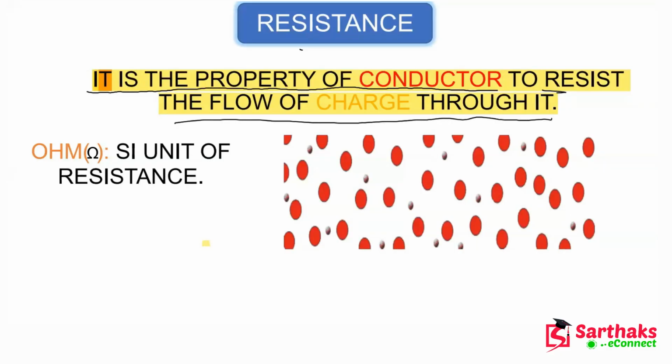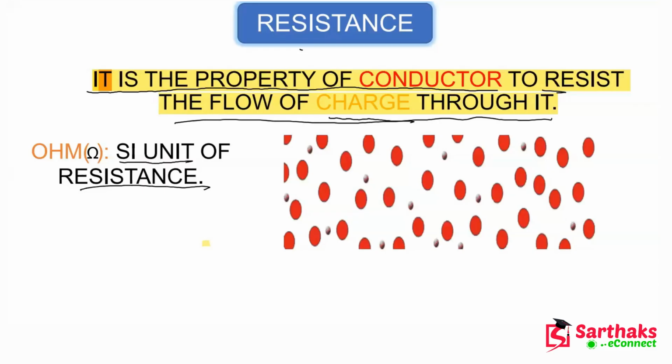You have to write that resistance is the property of a conductor to resist the flow of charges through it. Now the SI unit of resistance is ohm.